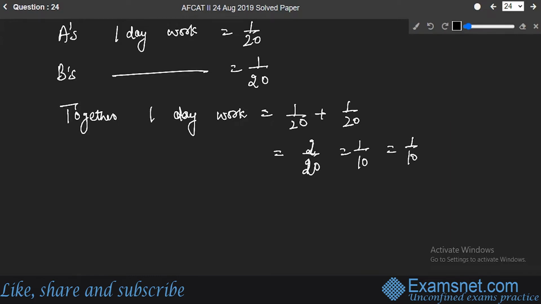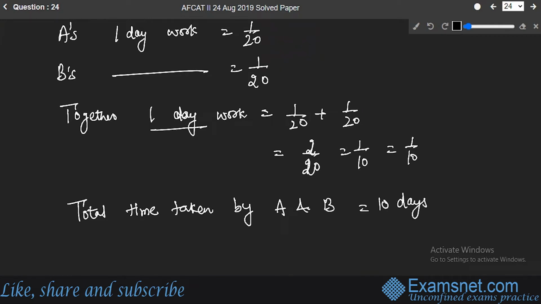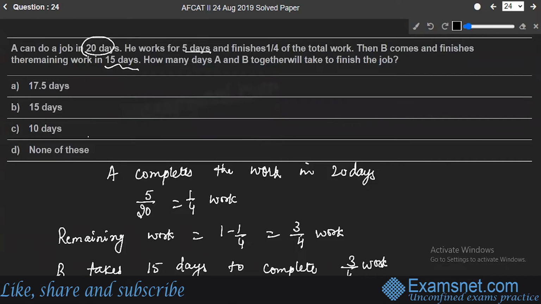So 1 upon 10 work will be completed by both A and B. This is 1 day work of A and B. So total time taken by A and B will be 10 days. This is your answer. Option C. Let's see the options. So option C is the correct answer to this question.